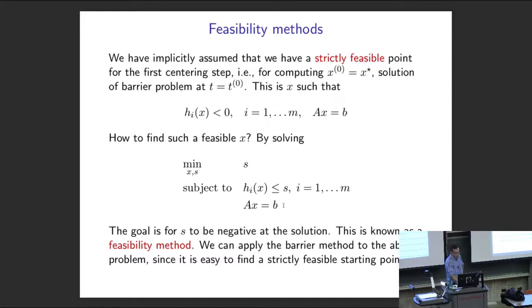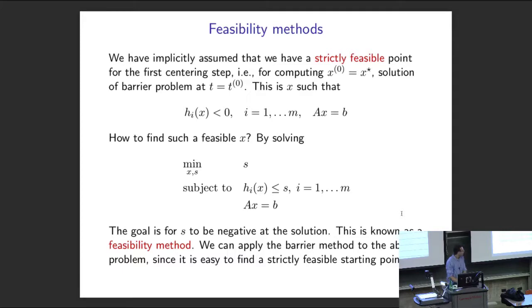If we run the barrier method on this problem, which has all the requirements needed for us to apply the barrier method, then we can stop as soon as s is negative. If we just run the barrier method, keep track of the value of s through all the iterations, as soon as s is negative, we can stop, because that means we have a strictly feasible point.